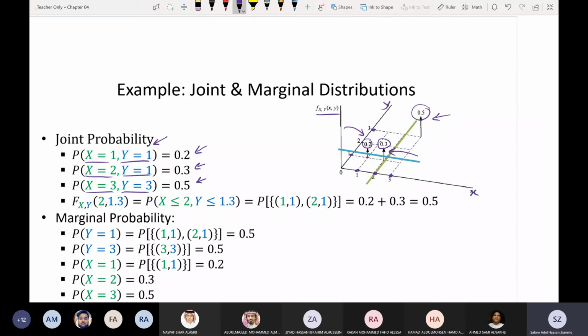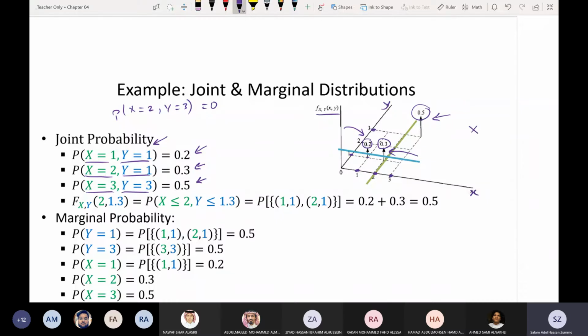There are no other possibilities. So x and y cannot take other values. Meaning the probability that x equals, for example, 2 and y equals 3 is how much, guys? 0. It cannot happen.